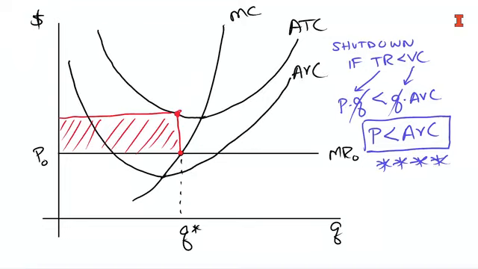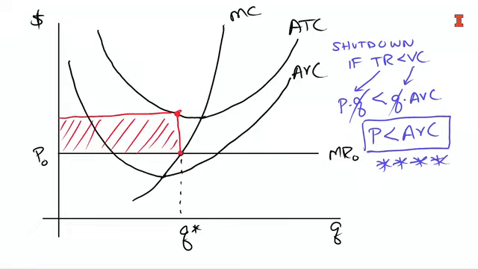Well, since price at the profit maximizing output, Q star, is greater than average variable cost, we're not shutting down. We're going to keep operating. We're making some money off of our workers that we can put towards the fixed cost. This price exceeds the variable cost by enough that we'll have a little rectangle that we could put towards fixed costs while we're waiting for the phone to ring and the broker to say, hey, I found somebody.